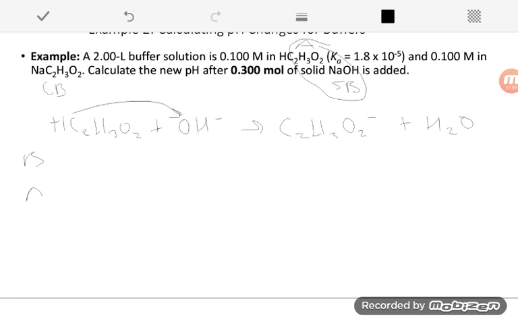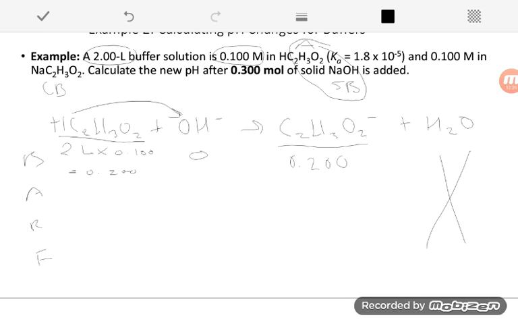I got to do my stoichiometry again, so I'm going to make my BARF table. Don't have to worry about my water. Again, I need to have moles. So for these, I start out with liters and concentration, so I'm just going to do a little multiplication. I have 2 liters times 0.1 molar, which means I start out with 0.2 moles. Same thing over here, 2 liters times 0.1 molar will give me 0.2 moles.